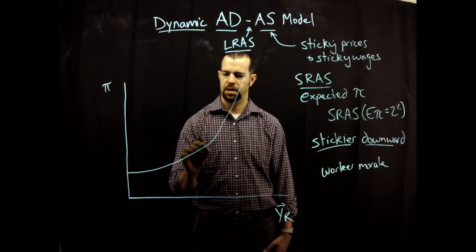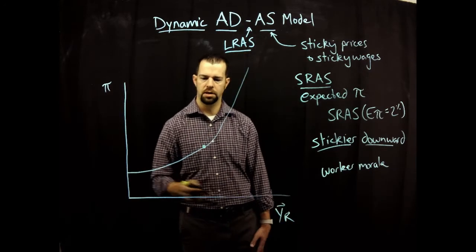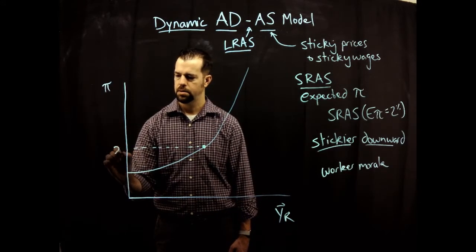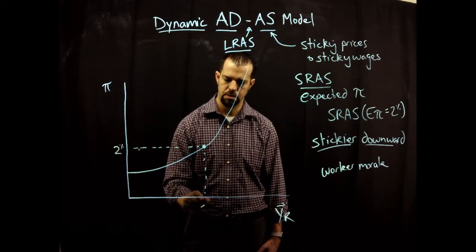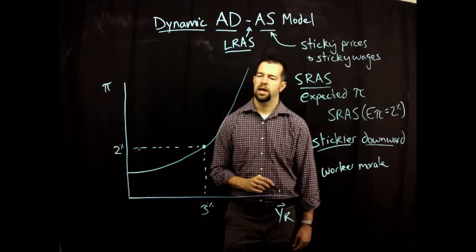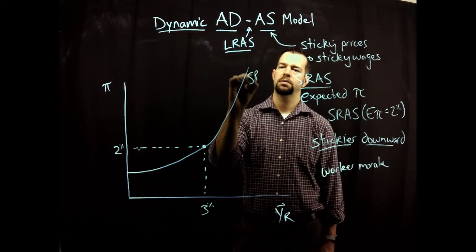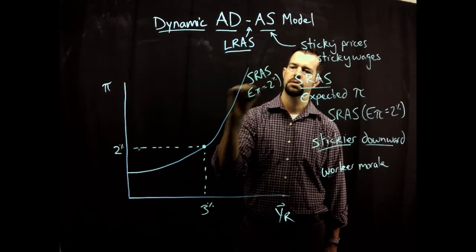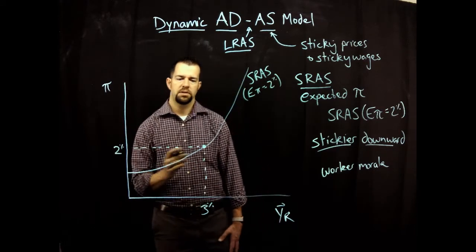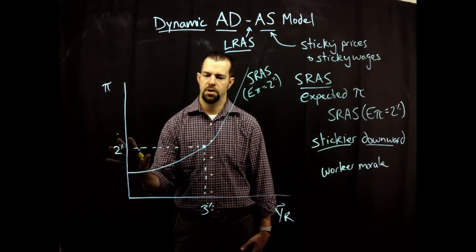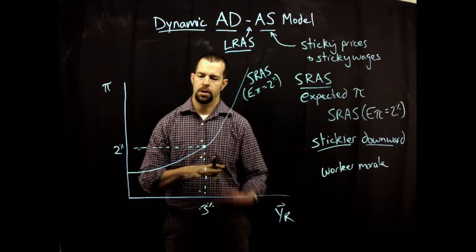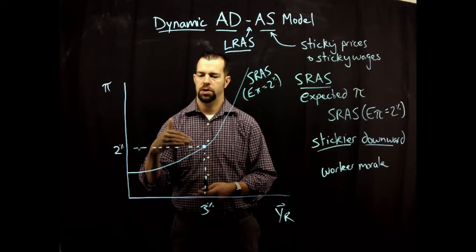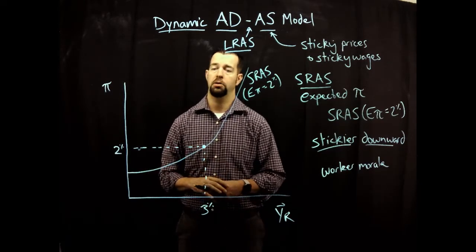If we pick a starting point, say this was our long-run macro equilibrium of a 2% inflation rate and a 3% real GDP growth rate, and people are expecting an inflation rate of 2%, then if there's a negative shock to long-run aggregate supply, or particularly a negative shock to aggregate demand, the firms are going to want to lower their prices.